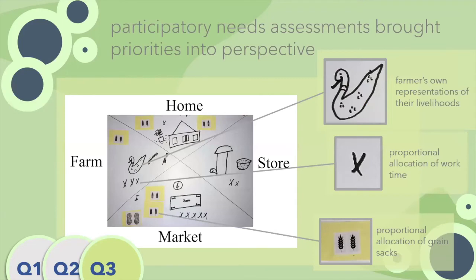So to assess local needs, Rebecca and I actually developed this wonderful exercise in the field where we had farmers draw on a piece of paper 4 quadrants corresponding to home, grain storage, market, and farm life domains.